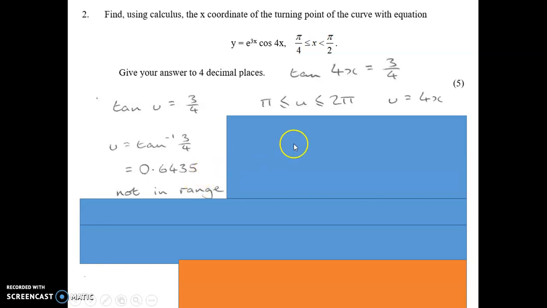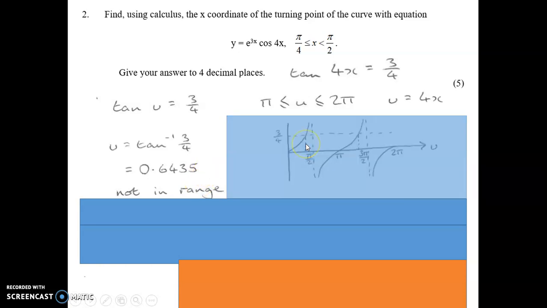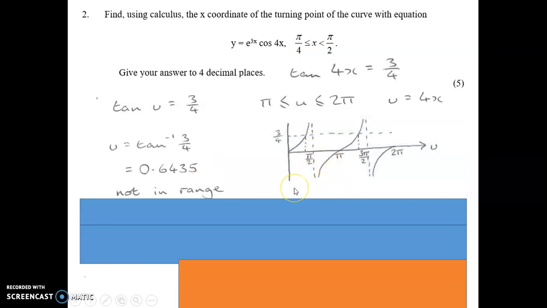So to find what is, I would suggest sketching the graph of tangent, or you might use the unit circle. So here is the solution that we've just found, 0.6435. The graph of tangent repeats every pi radians, so the next one is going to happen pi more than 0.6435.